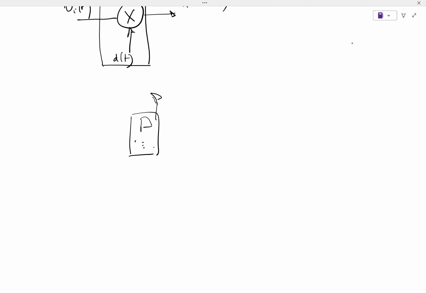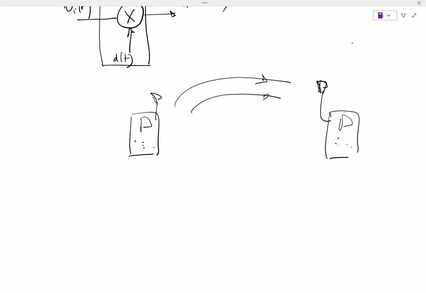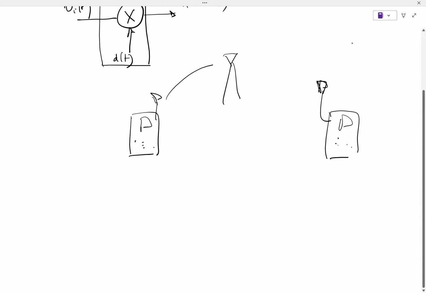Whenever you are communicating with another cell phone which is not co-located next to you, that cell phone also has an antenna, and you are transmitting signals which the second cell phone is receiving. This is not a direct communication, in the sense that there is a tower which sits there. You send it to the tower, which then sends it to the other cell phone, right?